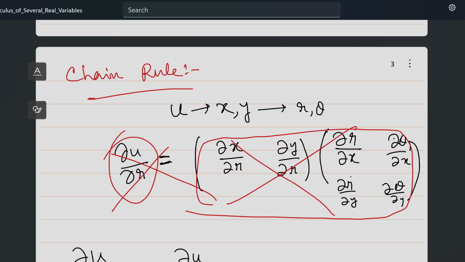So it is del u del x into del x del r. And whenever you are differentiating with respect to r, there will not be any theta. r and theta are independent. So del u del x into del x del r plus del u del y into del y del r. This is the formula.